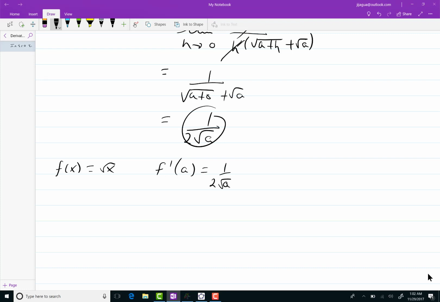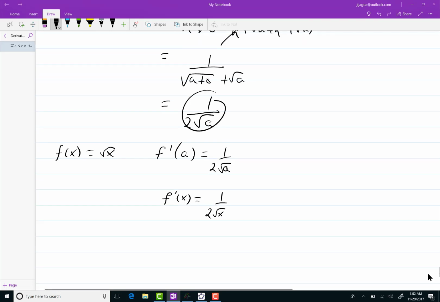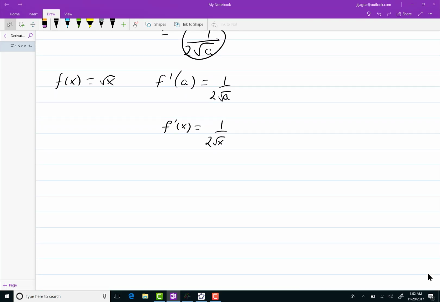Well, if I simply forget about a and replace it with x, I can get a function in terms of x, 1 over 2 radical x. This here is preferable because now you think of the x as being a variable, and when you have a, you somehow think of a as being a static number that doesn't move.